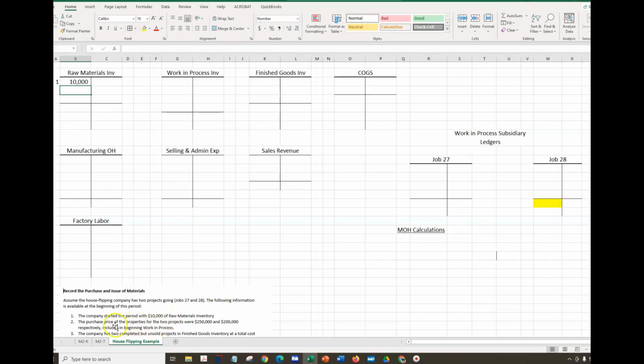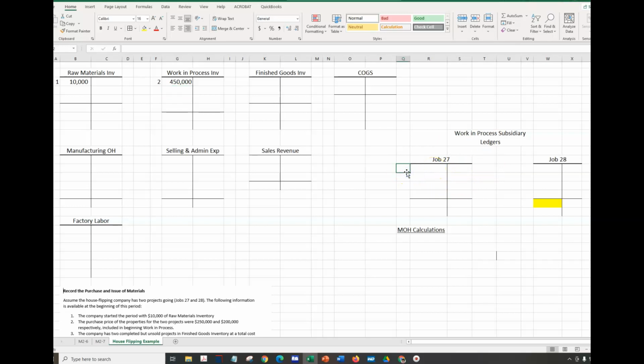All right. The purchase price of the properties for the two projects were $250,000 and $200,000 respectively, included in beginning work in process. Okay. So this is number two. So we have $450,000 in here. But it's important to note that we need to keep track of these separately as well.